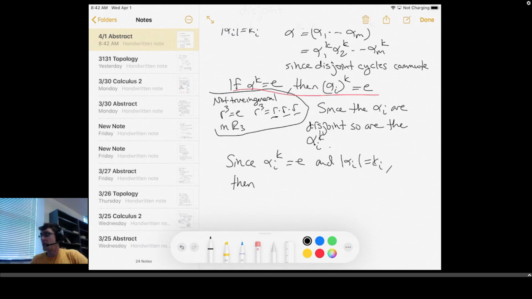Remember our stuff from the cyclic groups section about order. If you know the order and you see a power of something goes to the identity, what must be true?